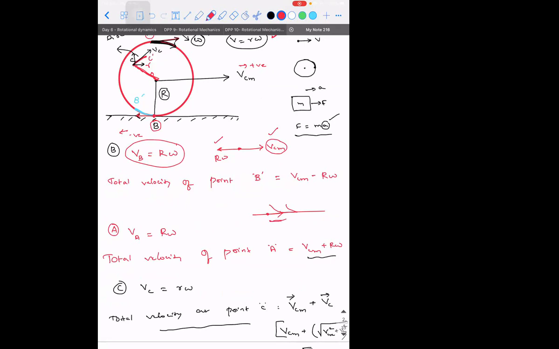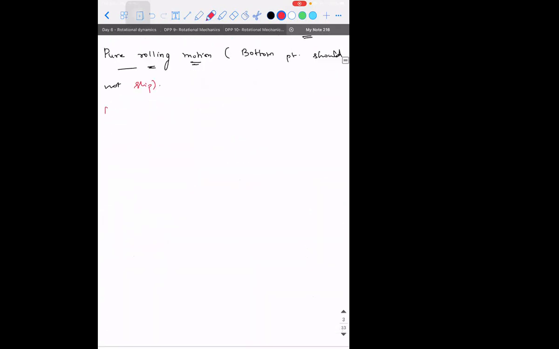So if it should not slip, then the condition is VCM minus R omega equals 0, which implies VCM is equal to R omega. This is the mathematical equation used for problems where they say the object does not slip.